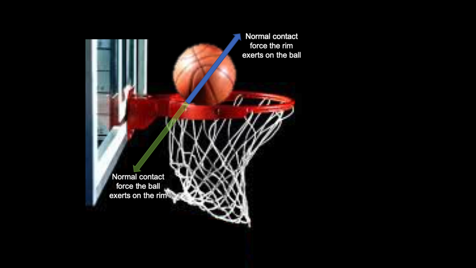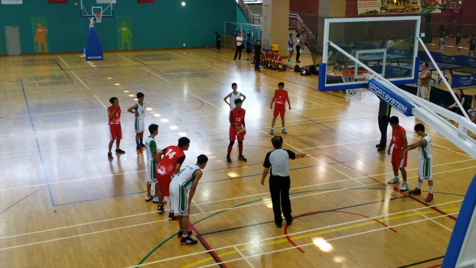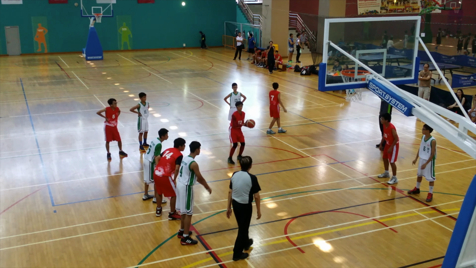If one shoots the ball without a spin and the ball hits the rim, it will bounce high and away from the hoop. This is because at the point of contact with the rim, the ball experiences a normal force perpendicular to the surface of the rim. Here, David shoots a free throw without any spin in his shot.